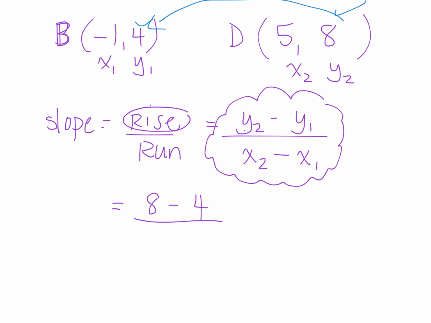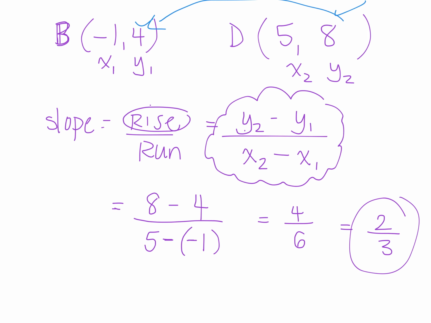Which one is x2? 5 take away? -1. Please make sure you include the negative sign. It's taking away negative. What's 8 take away 4? What's 5 take away -1? 5 plus 1. And lowest terms, 2 over 3. Did I get the same answer as when I counted on the graph? 2 over 3.